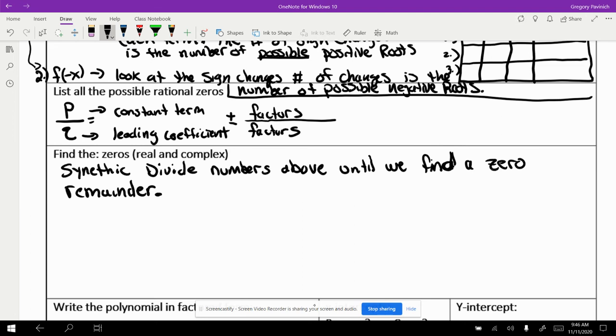Okay, so this is going to be one of our P over Q numbers. And this is our synthetic division, and we're after a zero remainder.